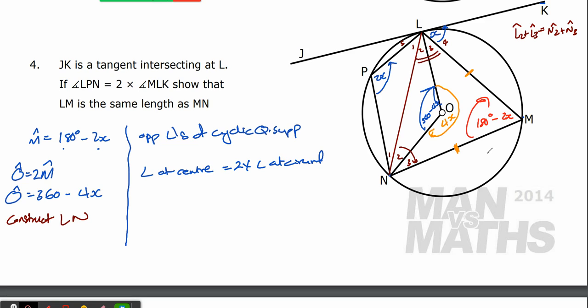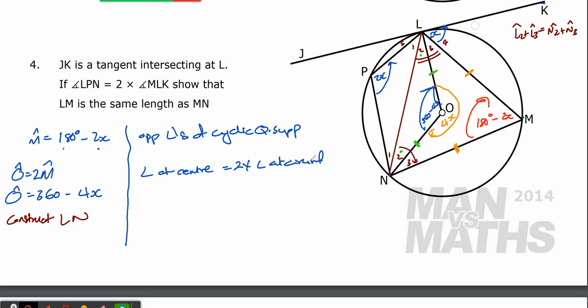If I do that, then I'm good. Now, from this, I can see that these are 2 radii which are equal.